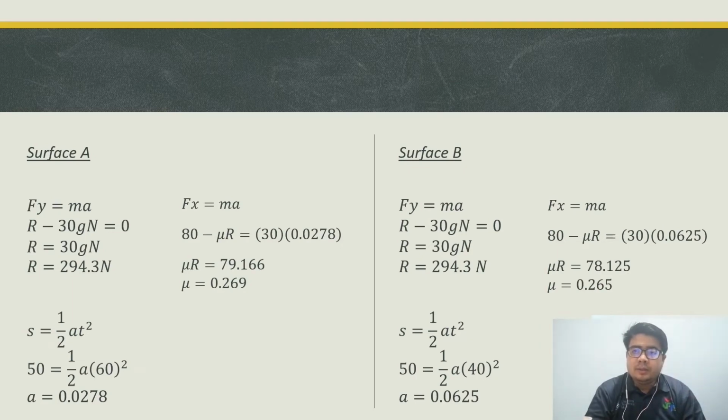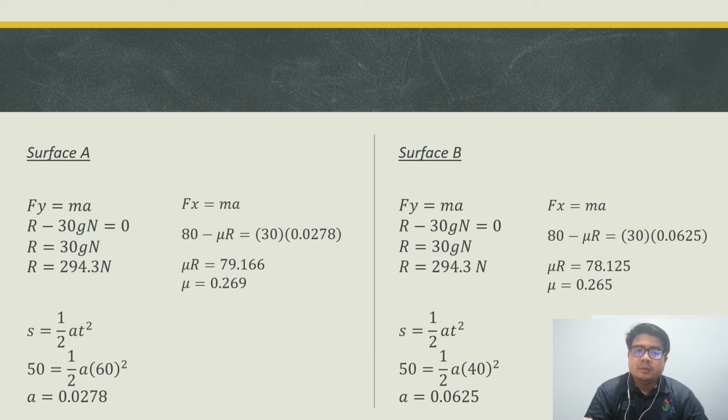Okay, for surface B, to find the coefficient, first we will use the formula Fy equals Ma, R minus 30 g Newton equals 0, and R will equal 294.3 Newton. After that, we will use S equals 1 over 2 times A times T squared, 50 equals 1 over 2 times A times 40 squared, and A will equal 0.0625.